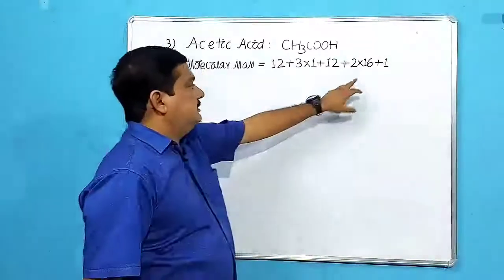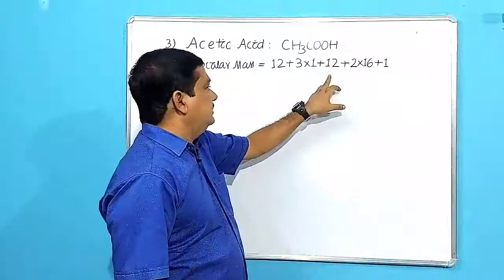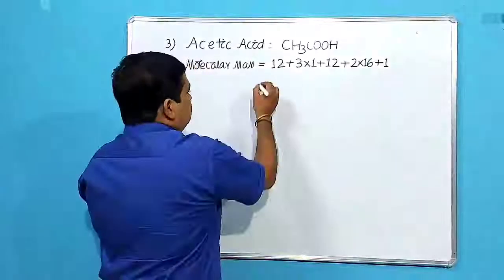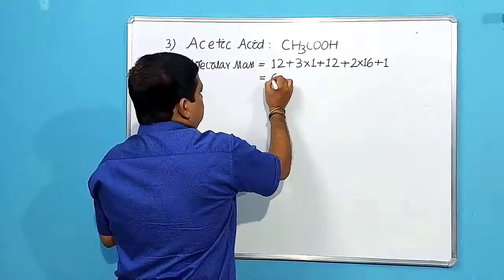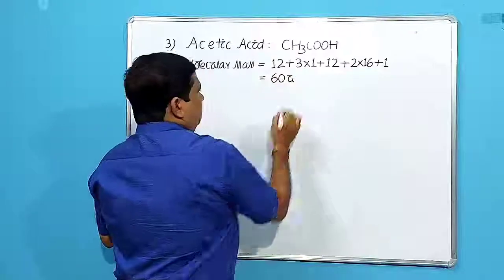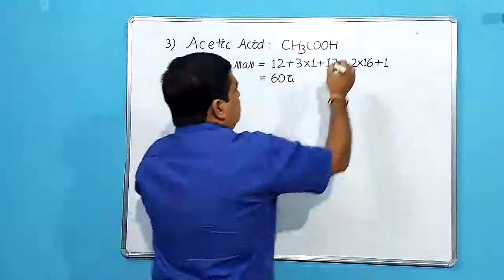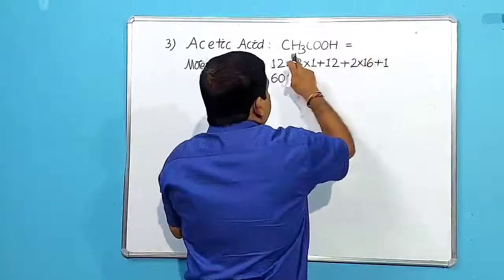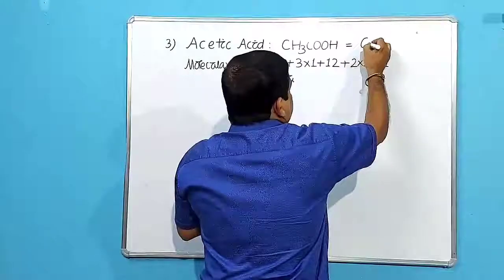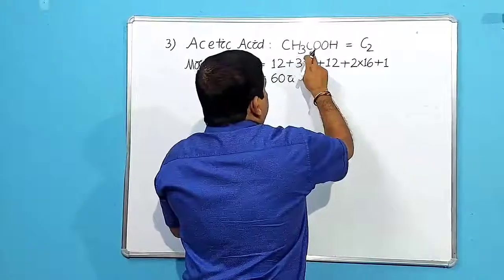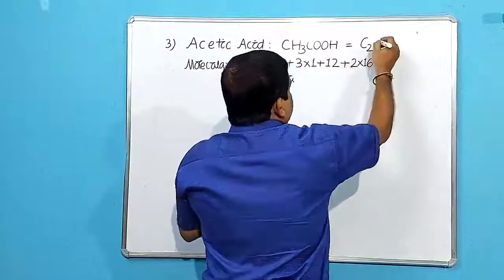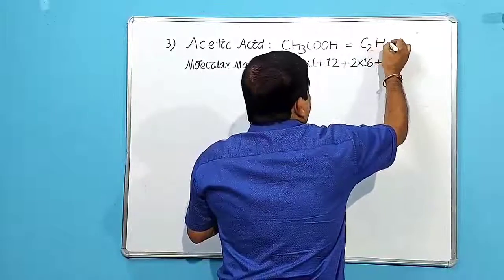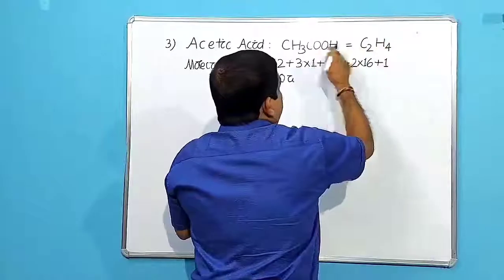Okay, so 32 plus 33, 45, 48 plus 12, 60 U. So you can find out like this, or you can write down the molecular formula directly. So 2 carbons, so C2. Then 4 hydrogens, H4. Then 2 oxygens.